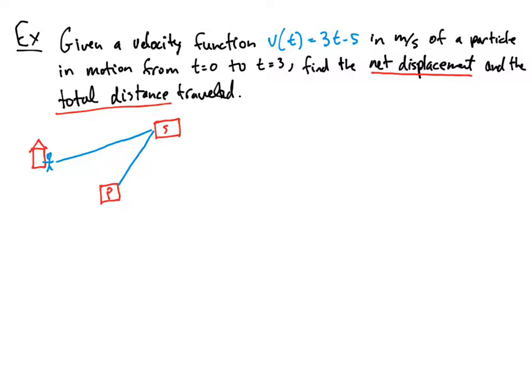Once I'm at the park, the net displacement is going to be whatever this distance is. This is going to be the displacement. So it's kind of the total change from the initial position to the ending position is net displacement. If we're talking about the total distance traveled, that's going to be whatever this length is plus this length. That's going to be the distance.